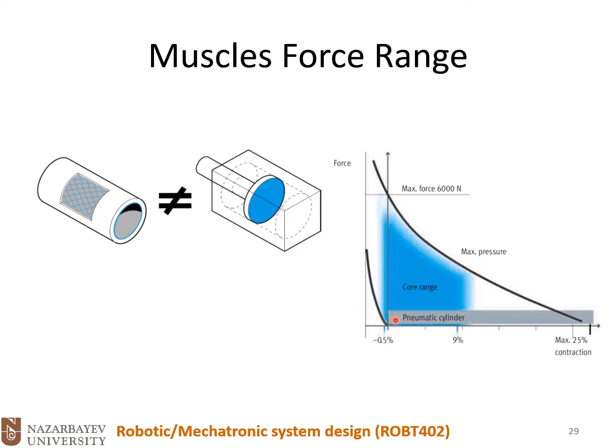You see that in this gray area, the percentage of contraction does not have any effect on the generated force, specifically for the double acting cylinders. So the force remains constant, but that is not the case for the pneumatic muscles.